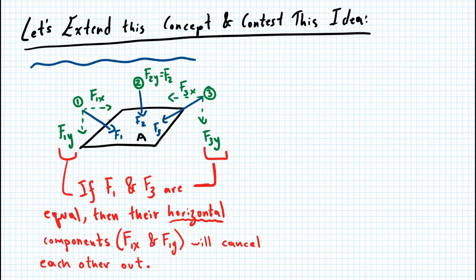However, we should also note that F1y and F3y, though their directions are perpendicular to surface area A, will not contribute to the pressure on surface area A, because look at the positions where F3 and F1 start.